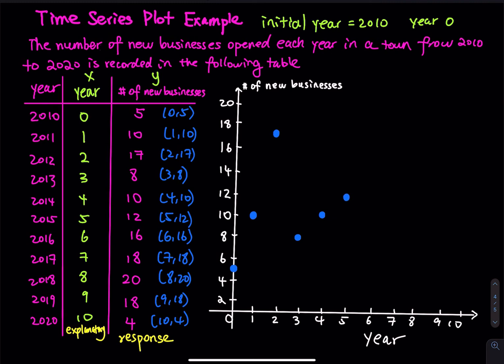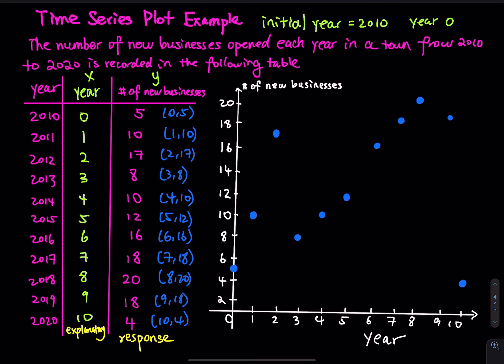x equals 6, y equals 16. x equals 7, y equals 18. x equals 8, y equals 20. x equals 9, y equals 18. And then x equals 10, y equals 4.